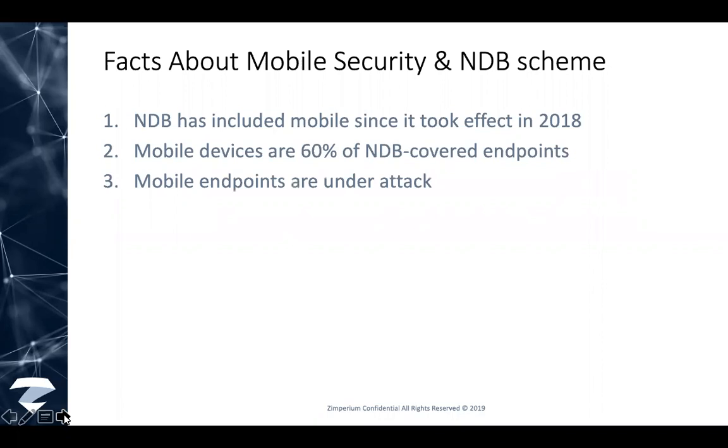These mobile devices are absolutely under attack. There's absolutely no doubt about that. We're going to talk about the individual attacks and all the various different shenanigans these guys come up with to attack mobile devices, and why they're doing it. We'll cover those and explain the most important ones as they pertain to mobile security and NDB.